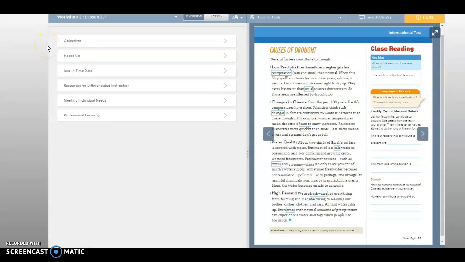All right, then our next thing that we need to look at is, what is this section primarily about? This section is primarily about the causes of drought.